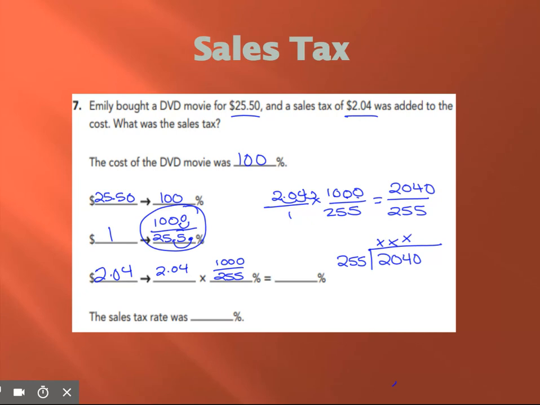I'm just going to test 9 out here and see what that would be. 5 times 9 is 45. 5 times 9 again is 45 plus 4 would be 49. And 9 times 2 is 18. Plus 4 would be 22. So that's too large. So let's try 8.